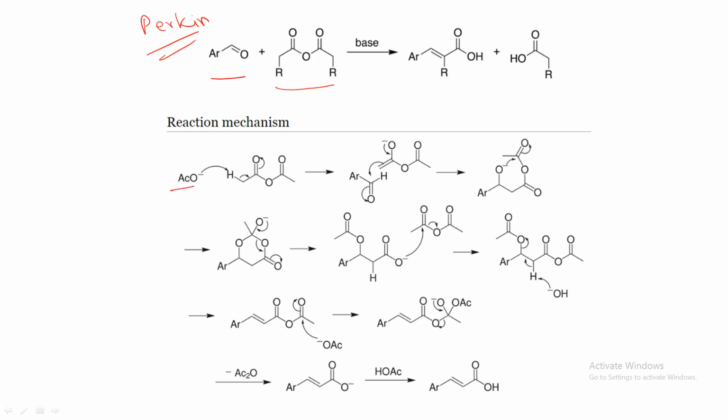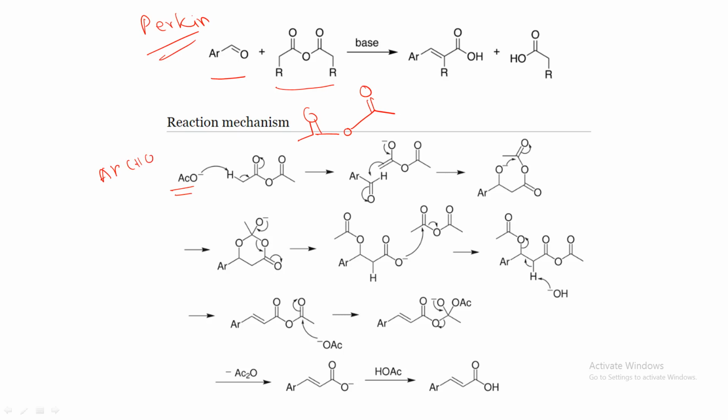So base, here for simplicity it is considered as base. And then the anhydride here taken is simply this molecule, right? And the aldehyde they have taken is simply ArCHO. Okay.